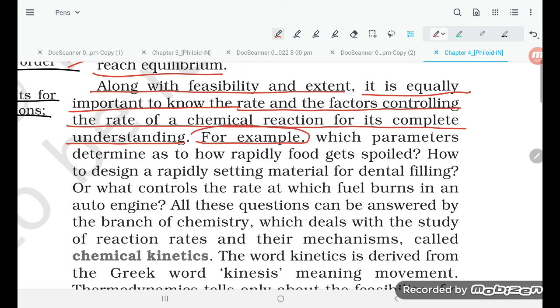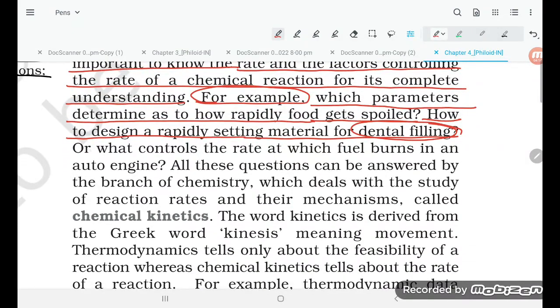For example, which parameters determine how rapidly food gets spoiled, how to design a rapidly setting material for dental filling. So these things: how fast the food is going to spoil, how the dental filling is going to set, or what controls the rate at which the fuel burns in an auto engine.